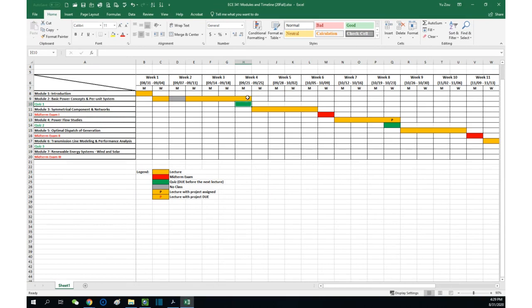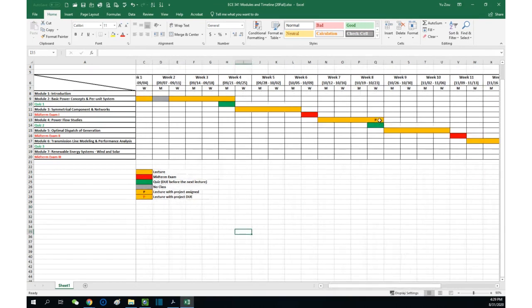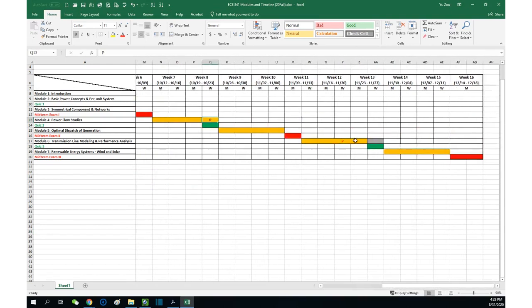The Gantt chart is not telling you the exact time, obviously. It's just reminding you that something is going on. We have a project assigned by the end of module 4 and due by the Wednesday of week 12.